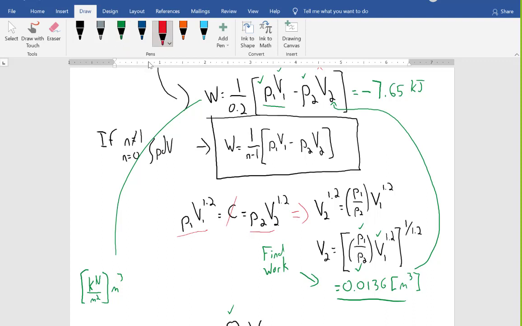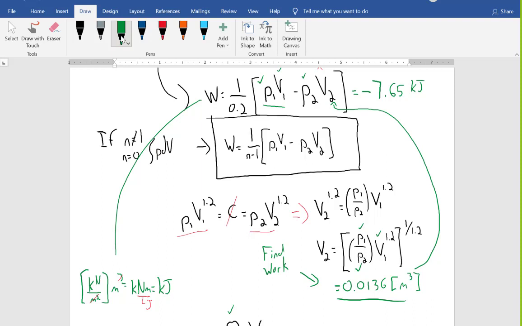So when I do this, I take meters cubed divided by meters squared, and I get meters. So this unit here is kilonewton meters. But I know that a newton meter is equal to a joule. So this is kilojoules.